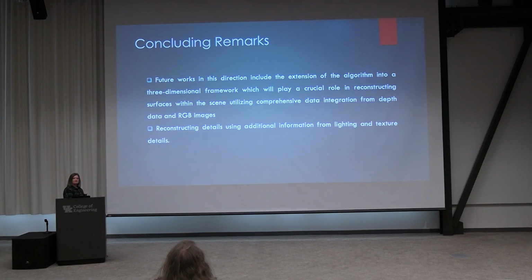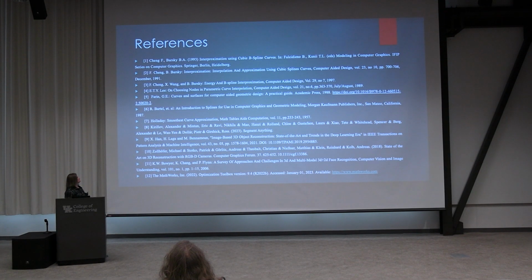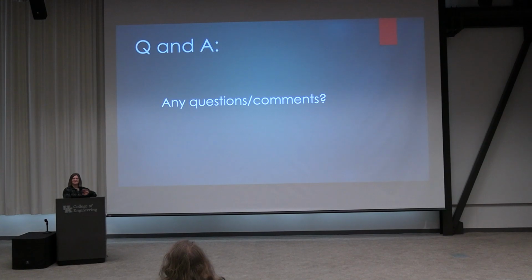However, in the model that we restore to represent the object, we can have all kinds of resolutions. We can have the original resolution, or we can increase it. So the next step, or additional research, would be increasing the resolution of this object. Speed is an issue here, so I would consider using a GPU or parallel computing, and some other options. So, there are some references. Questions, comments?